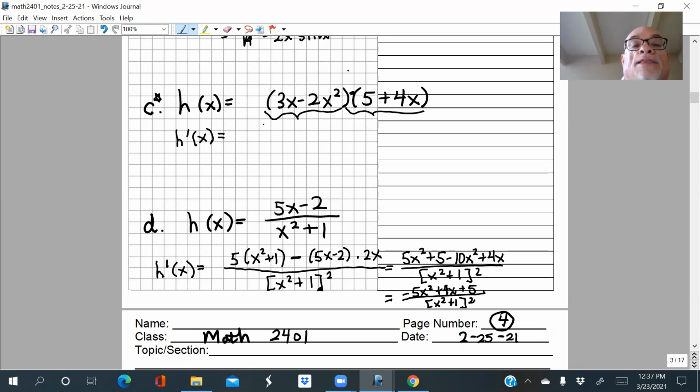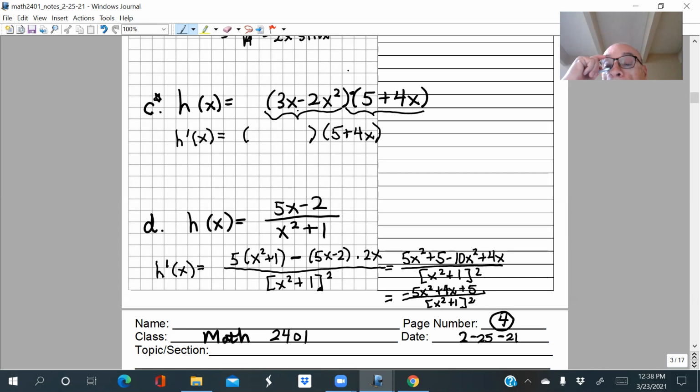You take the derivative of your first factor, the first thing that you're multiplying, and then you multiply that by the second factor, but you don't differentiate the second factor. So to start this, you would keep the 5 plus the 4x, but you would have to differentiate the 3x minus 2x squared. Okay, so let's do that.